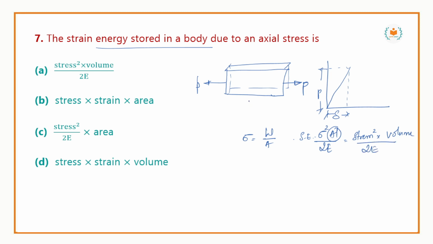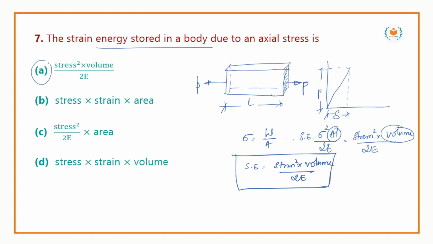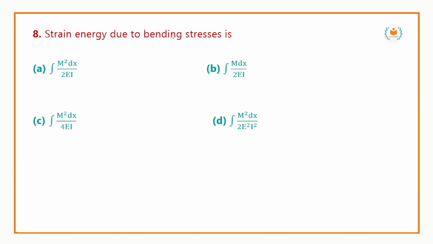The length multiplied by the cross sectional area in which the load is acting, you can write as the volume of the body. Therefore strain energy will be equal to stress square into volume divided by 2 times the Young's modulus. So the answer for this particular question will be option A.